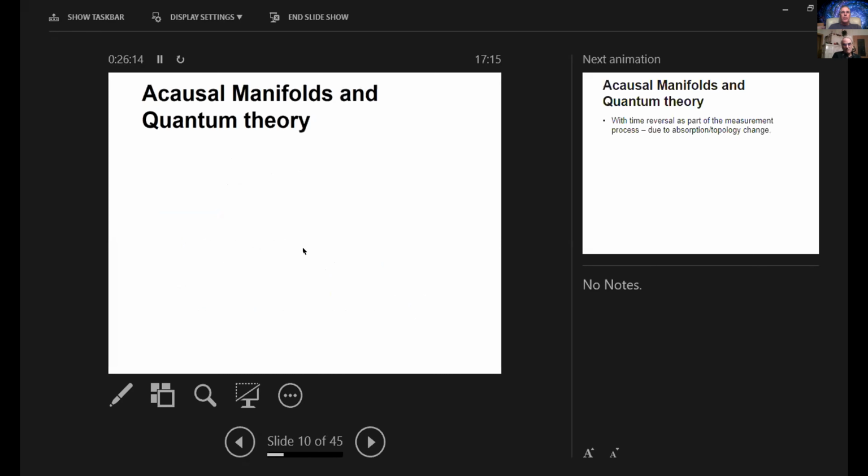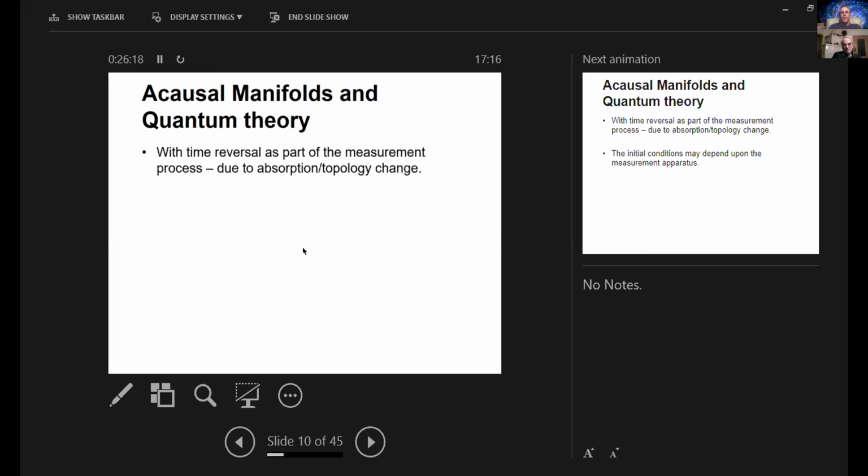But this is where I start getting interested, and this has some links with quantum theory, at least potentially. Because if you can have some interaction between the past and the present in closed time-like terms, or some aspects of the acausal structure, then you're in a position where, for subsequent measurements, in principle you need to know what they're going to be before you can solve the equation.